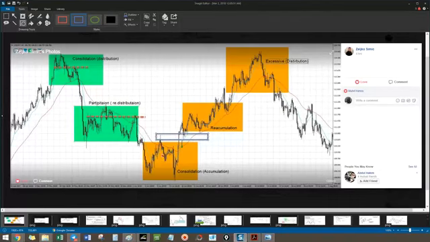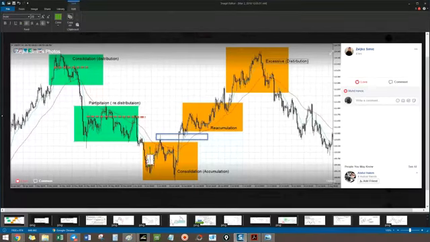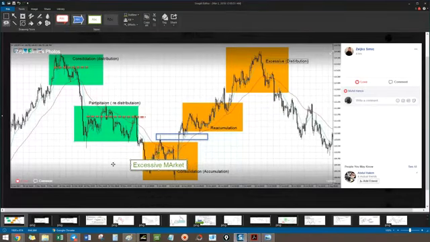Okay, this is excessive market. So for excessive market for selling, it ends here after it breaks the structure, so you can find another entry for buy. So that's how you read the trend.